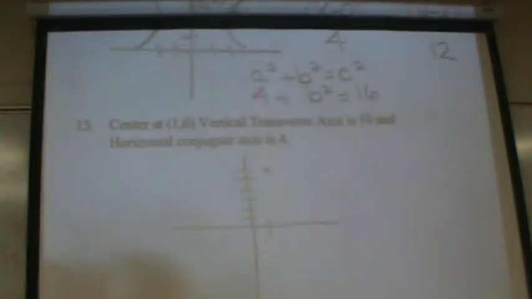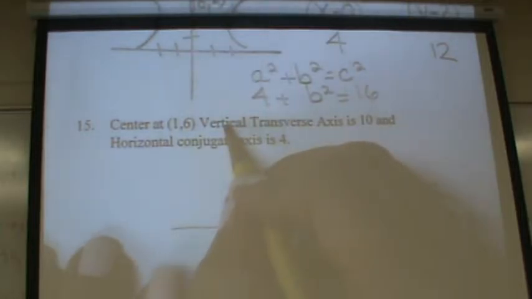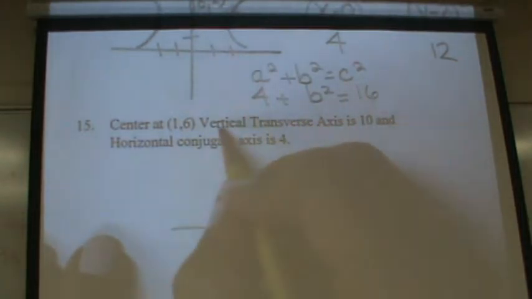If it has a vertical transverse axis, that's this distance right here. That's 2A. If it had a horizontal transverse axis, it'd be going this way. The transverse axis is the 2A. Remember I told you I love Traverse City? Okay, so I'm sure it's a vertical transverse axis.